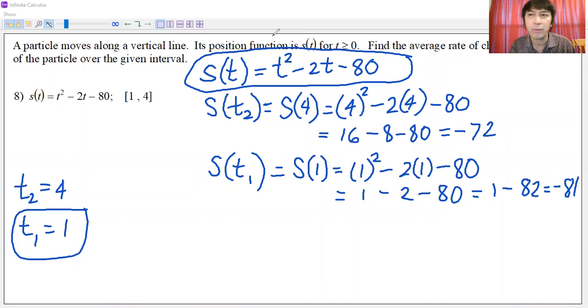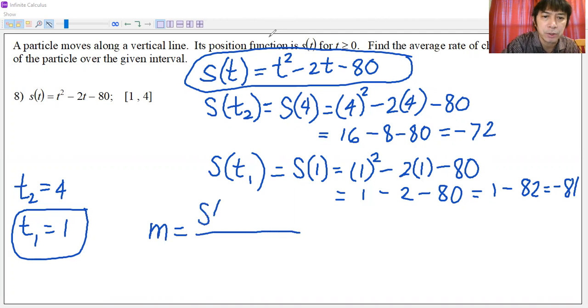All right, so we are now ready to compute our M, or slope. The slope is actually the average rate of change. So we will now write the formula for slope. M equals S of T2 minus S of T1 divided by T2 minus T1.